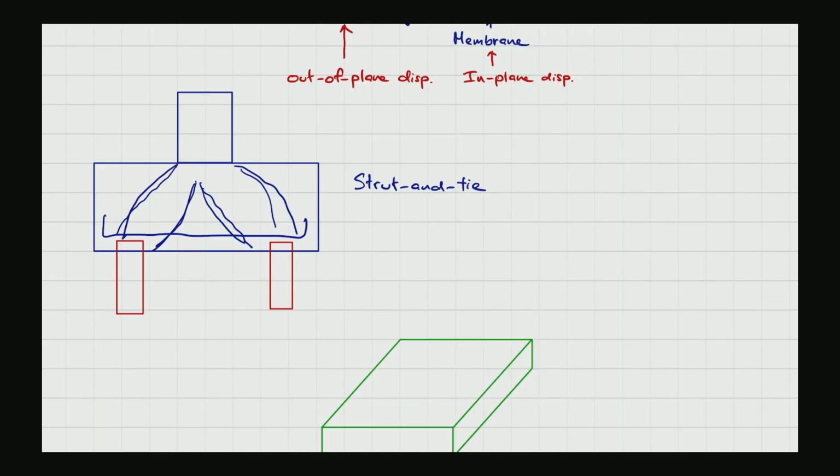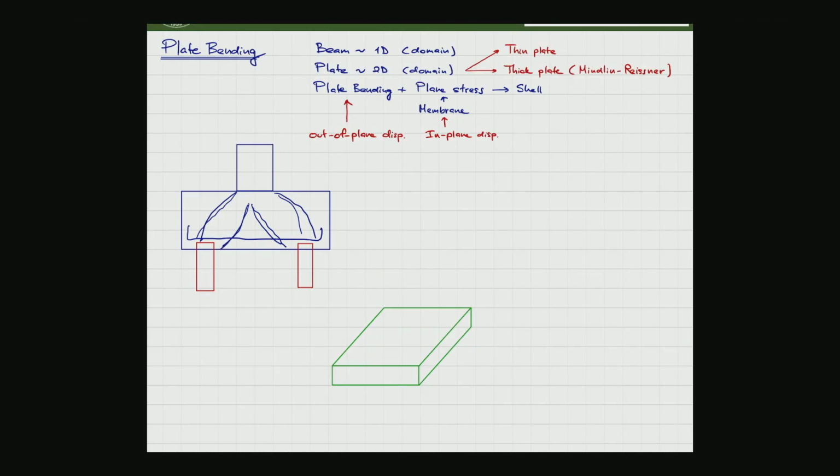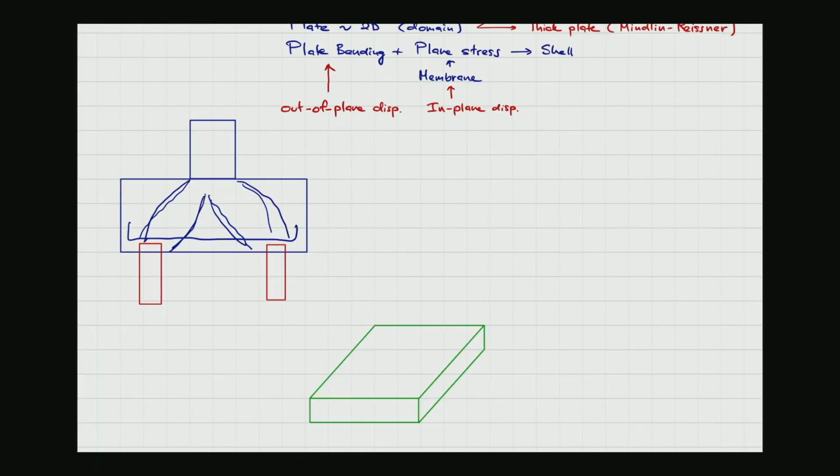In a case like this, in the design office, you will generally use strut and tie. Some offices use strut and tie as well. But with strut and tie, you need to set up the size of the strut, and you need to determine many parameters.